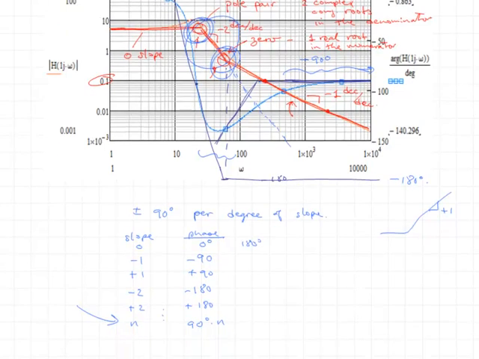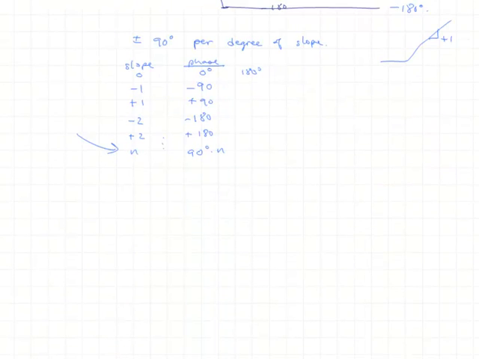Okay, now we're going to actually begin the nuts and bolts. So we're going to use this transfer function we'll call G of s. And in general, a transfer function is a ratio of two polynomials in s.